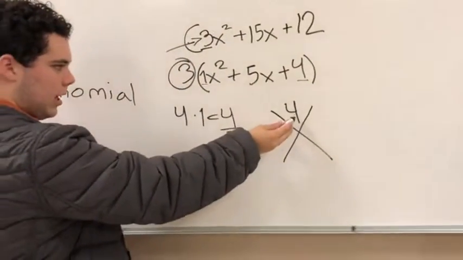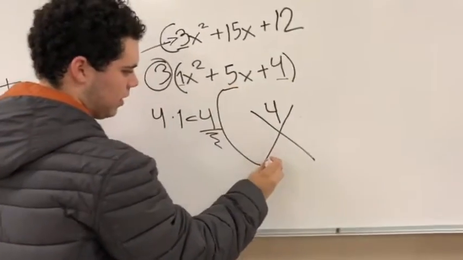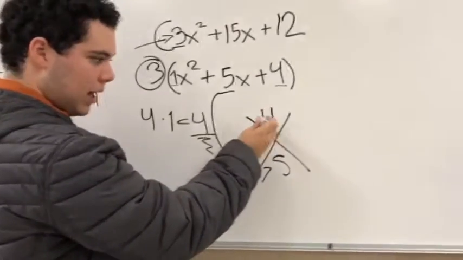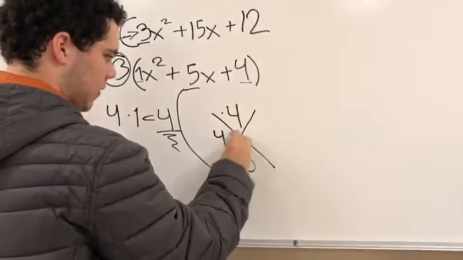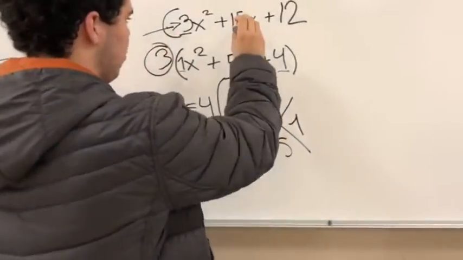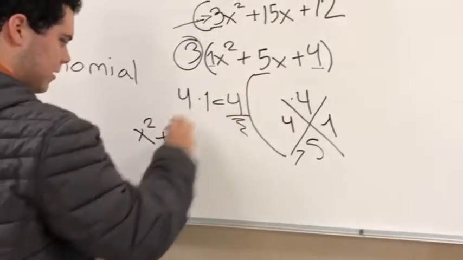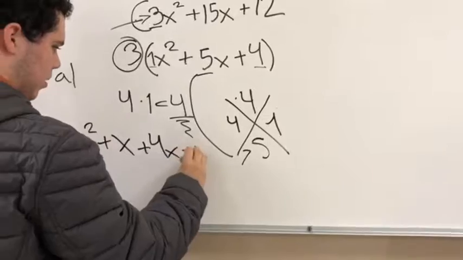Then you have the 4 in this x, and then you put the middle number, in this case the 5, down here. And then you find numbers that when multiplied equal 4, and that when added equal 5. For example, in this case, it's 4 plus 1. So you then grab this one, and then you put x squared plus x, since it's in the middle, plus 4x plus 4.